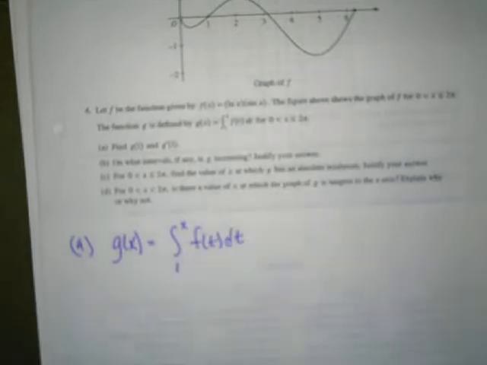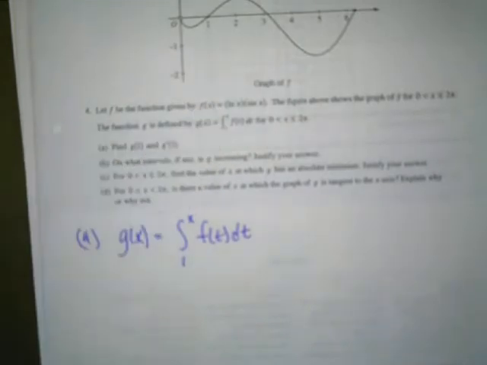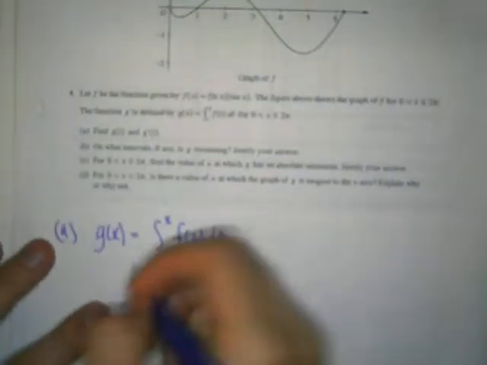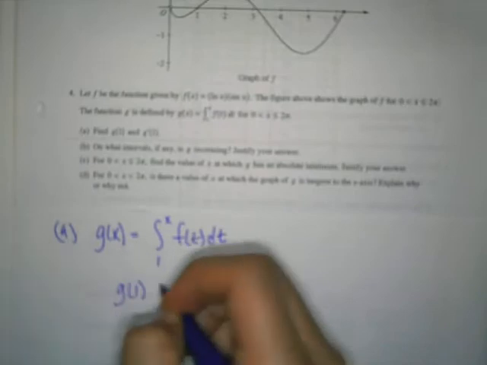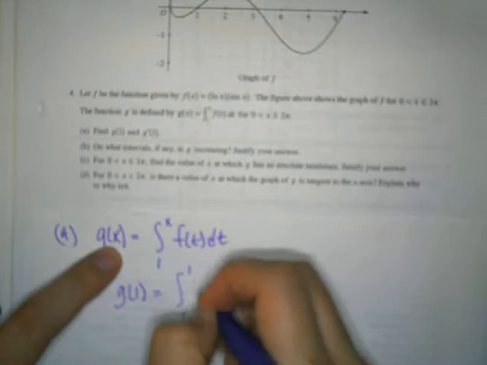Now, just because it's written there where the function of x is the upper bound, that doesn't automatically mean you use the second fundamental theorem of calculus. You're only going to use that when you take the derivative. So when we find g of 1, that's just plugging 1 in for x. So from 1 to 1.